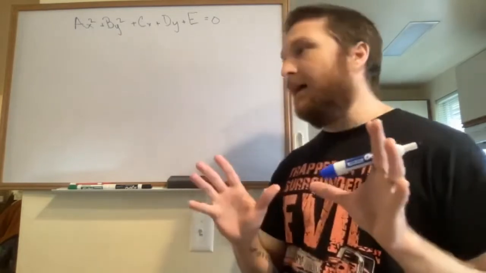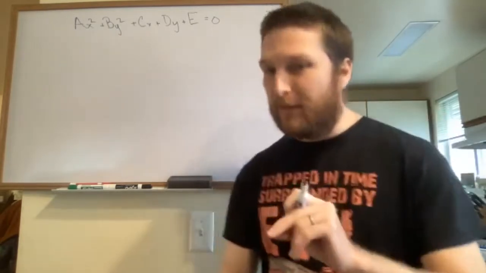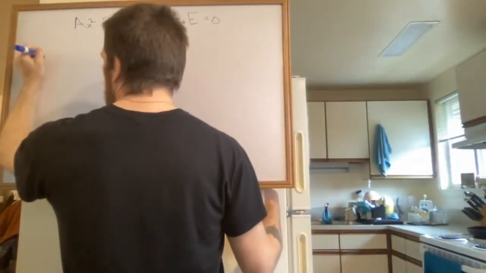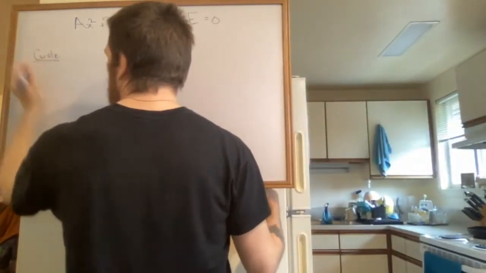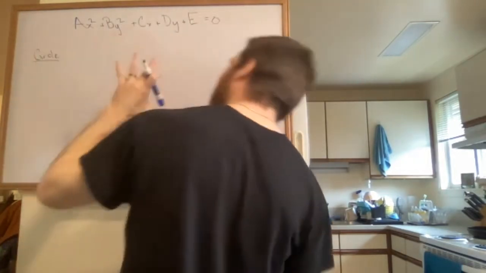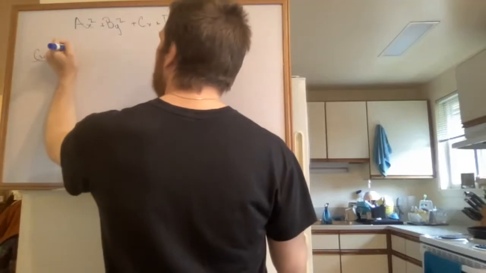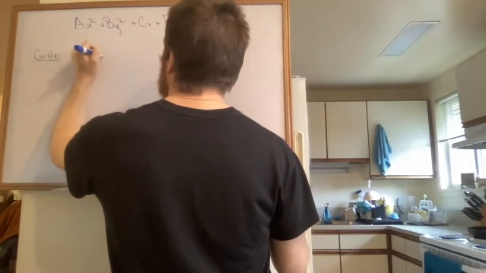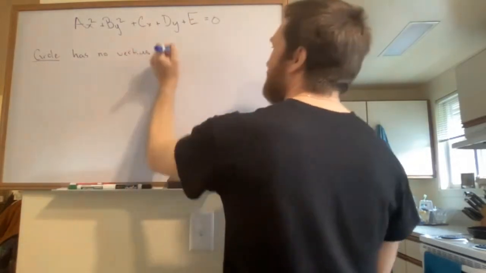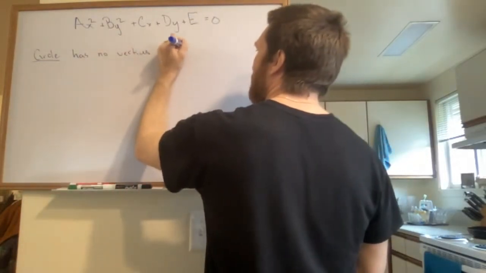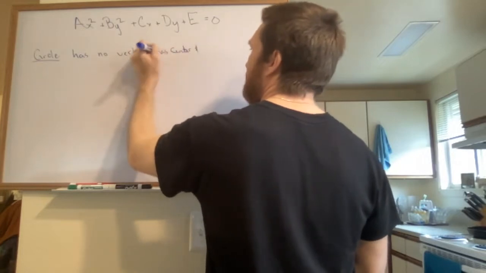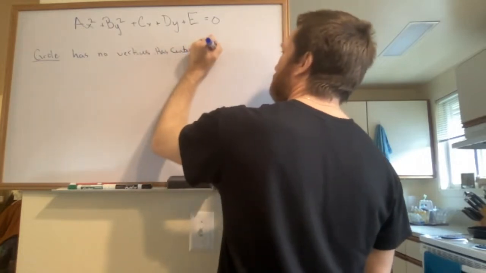What I mean by vertices, if applicable, is this: a circle, I spell circle right, C-I-R-C-L-E, that just looks weird from the right-hand side. A circle, we're going to say, has no vertices. It just has a center and radius.